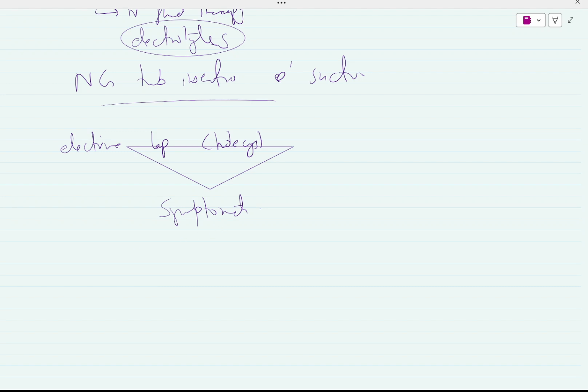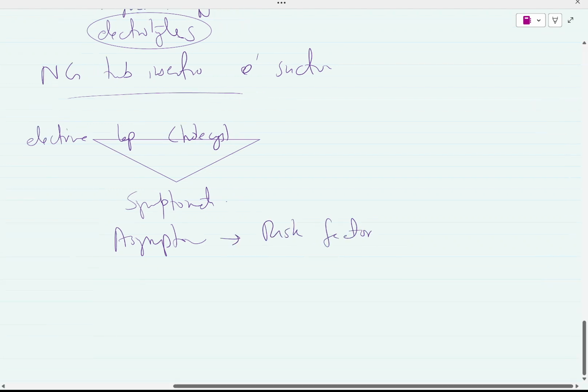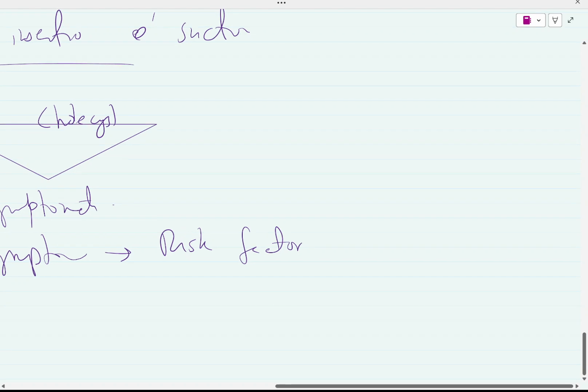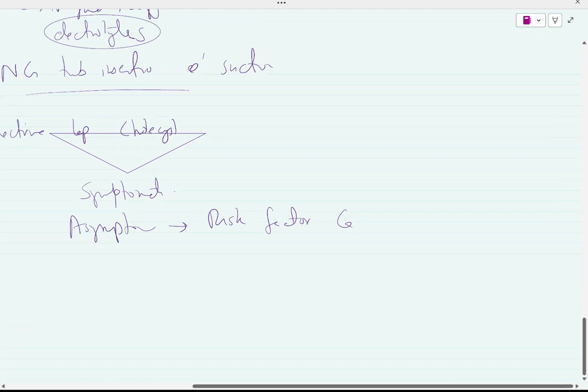A patient having asymptomatic features, but with risk factors which indicate that the patient is a highly selected candidate for gallbladder cancer, we perform laparoscopic cholecystectomy. Next, the patient is asymptomatic but at risk of developing complications.